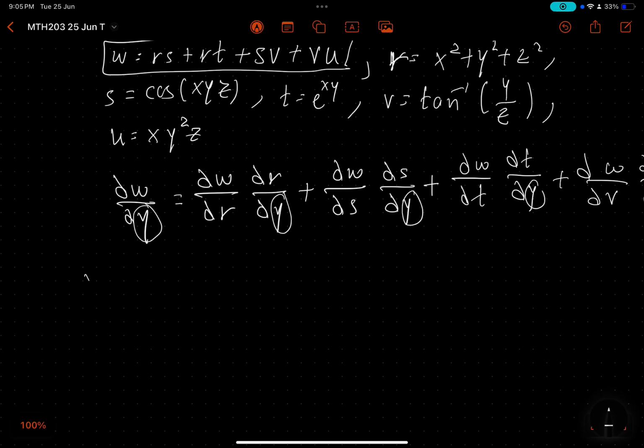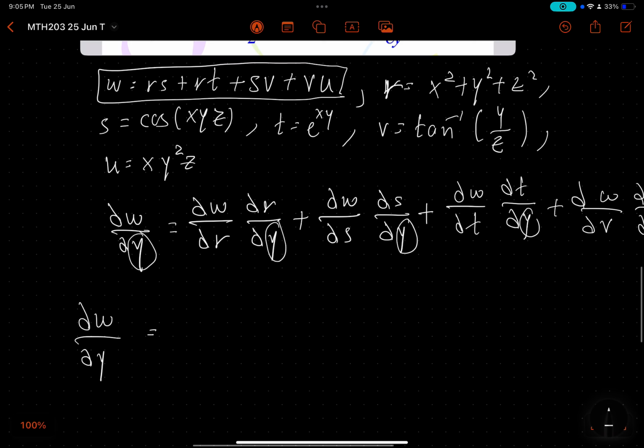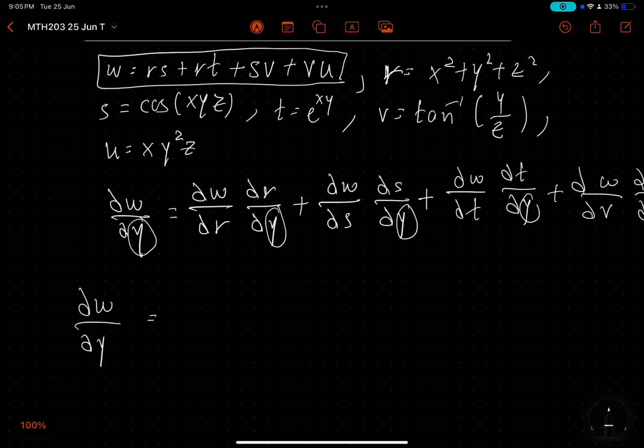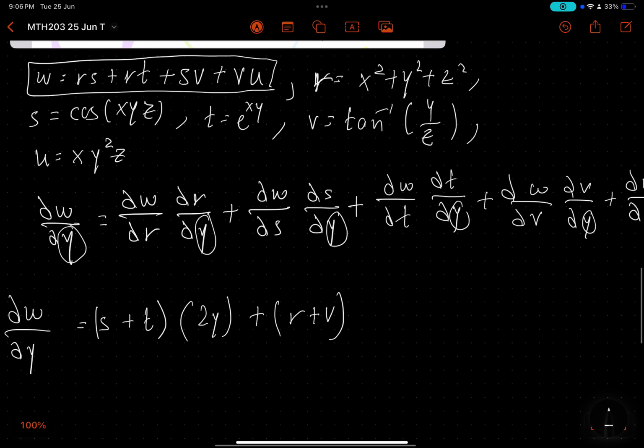let's start. dw over dy equals, now with respect to r, s plus t, multiplied by dr with respect to y, 2y, plus dw with respect to s, r plus v, multiplied by ds with respect to y.